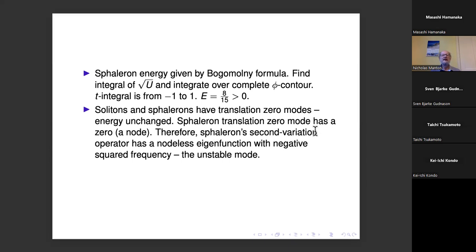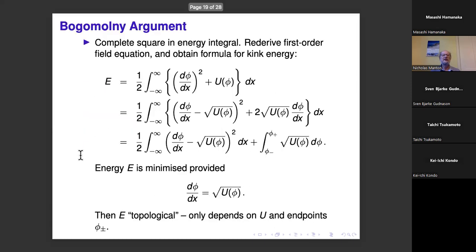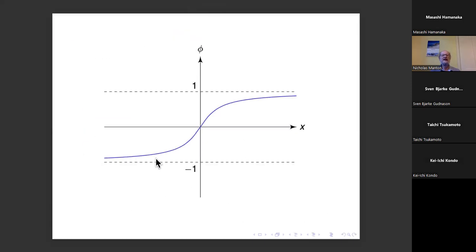So the Sphaleron second variation operator has a nodeless eigenfunction with a negative squared frequency, and that's the unstable mode. So because the Sphaleron solution has a maximum where the derivative is zero, the Sphaleron is automatically unstable. A soliton doesn't have this property. So the picture is to remind you of a picture of a kink. Here's a kink. Here the derivative is everywhere positive.